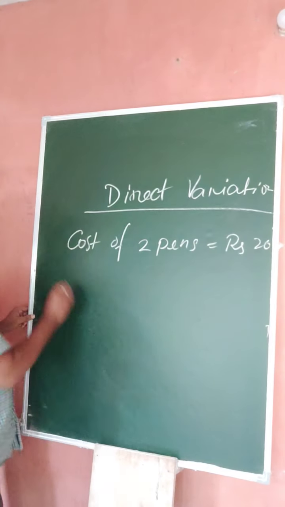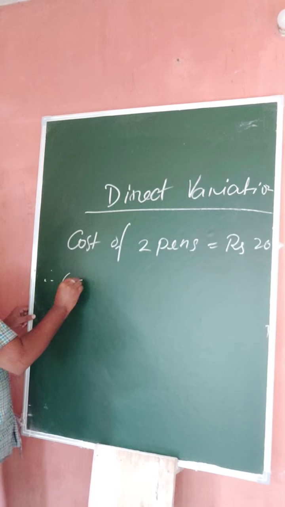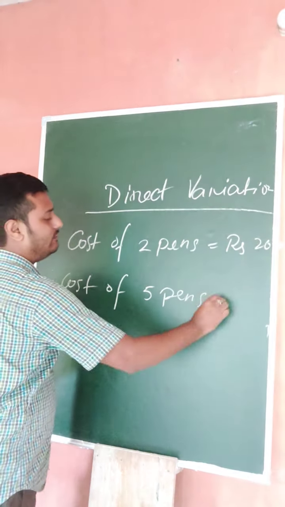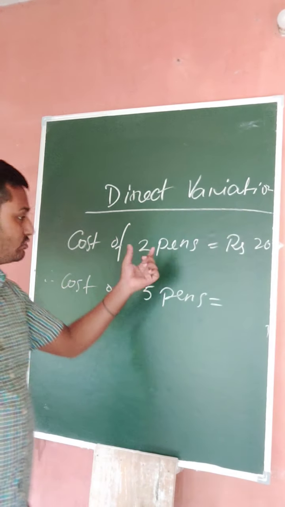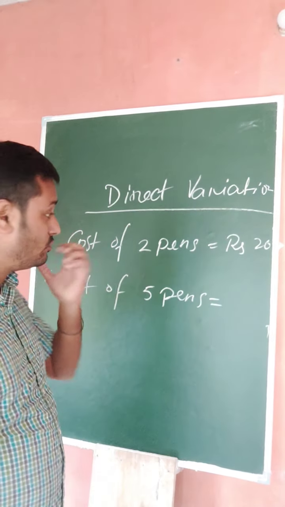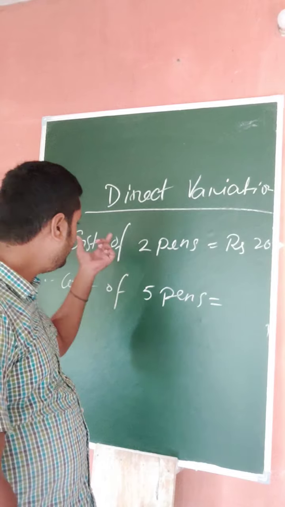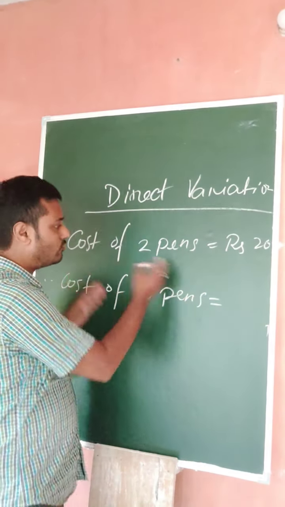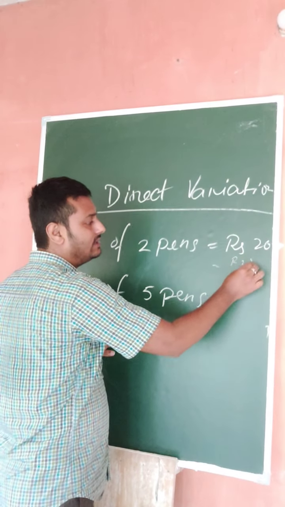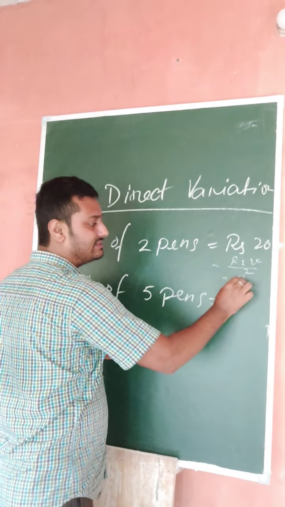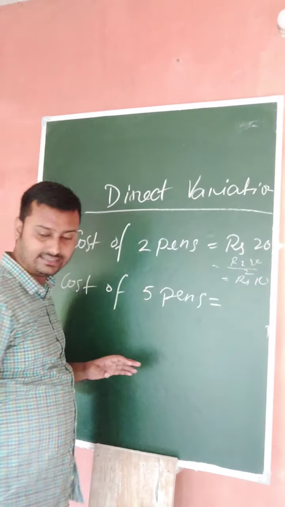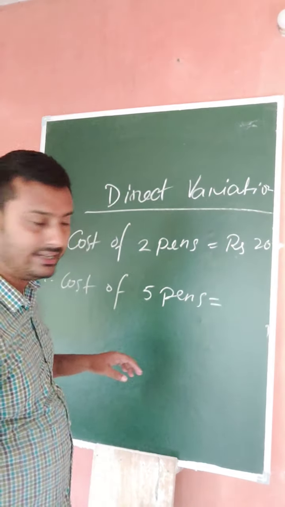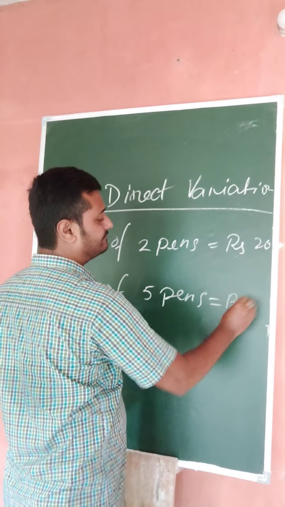Therefore, what is the cost of 5 pens? By the unitary method, which you learned in class 4, the cost of 2 pens is rupees 20, so the cost of 1 pen is what? Rupees 20 divided by 2, that means rupees 10. The cost of 1 pen is rupees 10. So the cost of 5 pens is rupees 5 into 10, that means rupees 50.